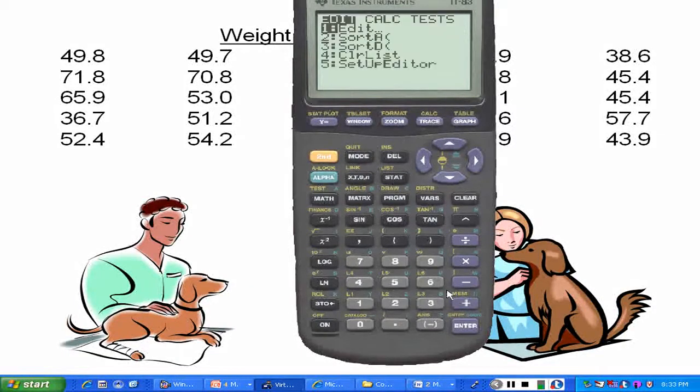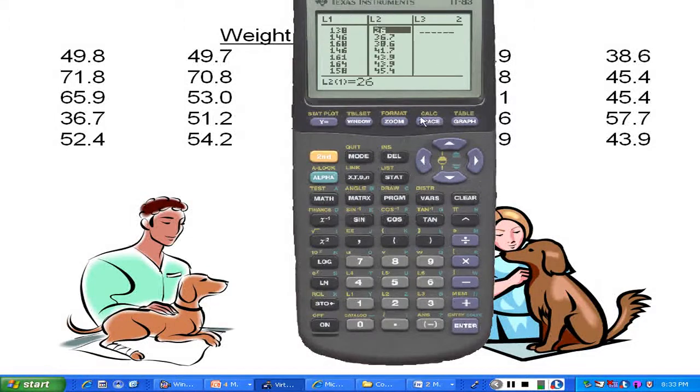Now I go to Stat and go to Edit, and now it's been sorted for me. So my lowest is 26, and my highest is 71.8.